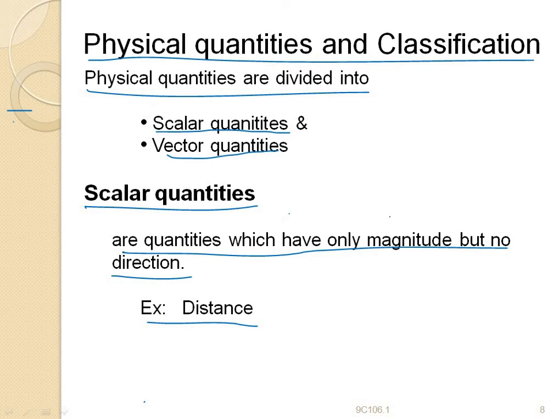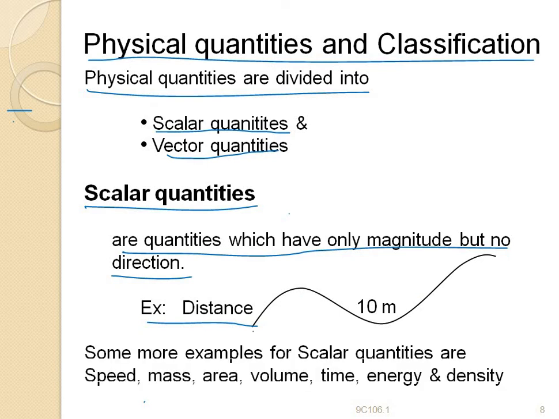Example, distance. The distance will have only the magnitude but not the direction. Suppose the distance is given as 10 meters. It only has magnitude, but no direction.